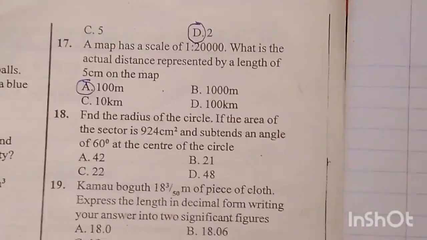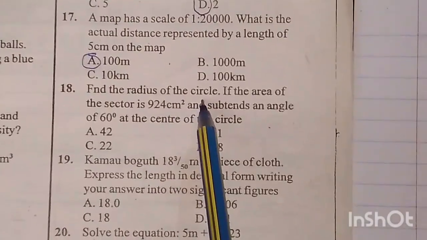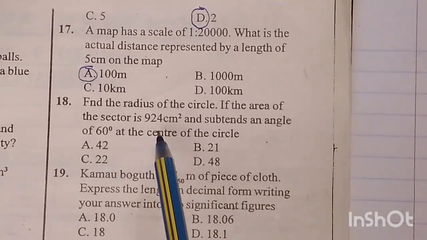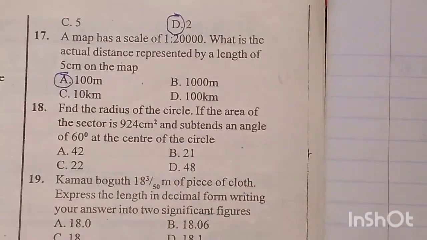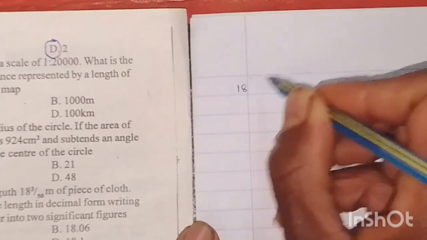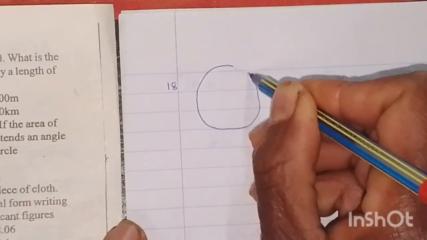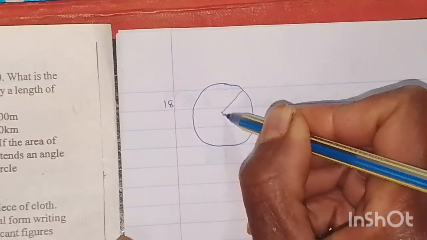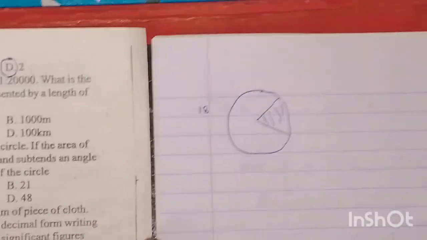Okay, question number 18. Find the radius of the circle if the area of the sector is 924 centimeters squared and subtends an angle of 60 at the center of the circle. Now this is the circle. It looks like that. And the area of the sector is from the center of the circle. This is the sector.